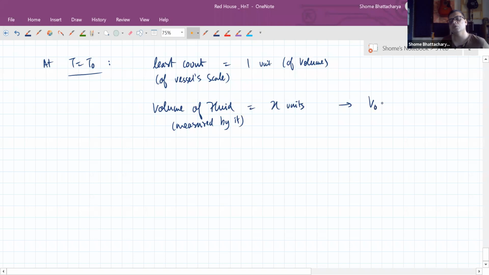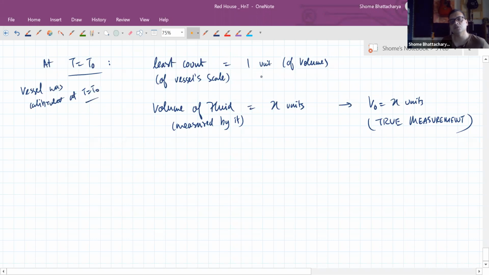So V naught is x units. This is a true measurement, because the vessel was calibrated at T equal to T naught only. So that is why its least count was equal to 1 actual unit.